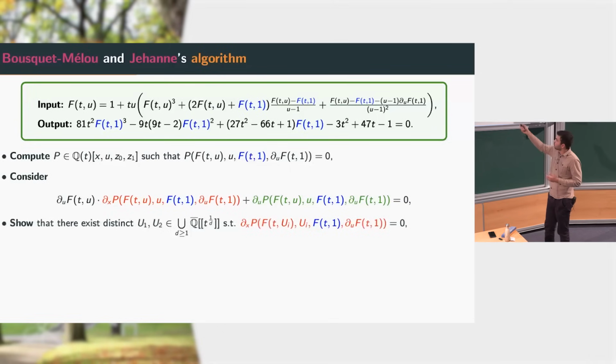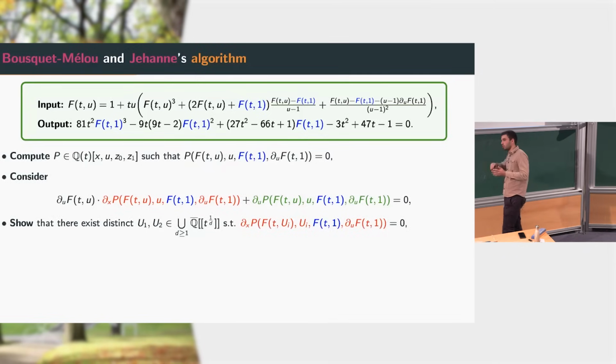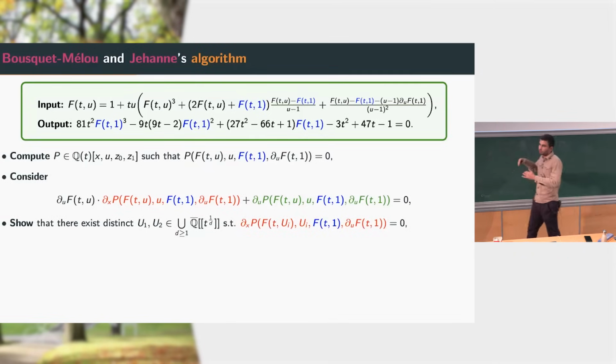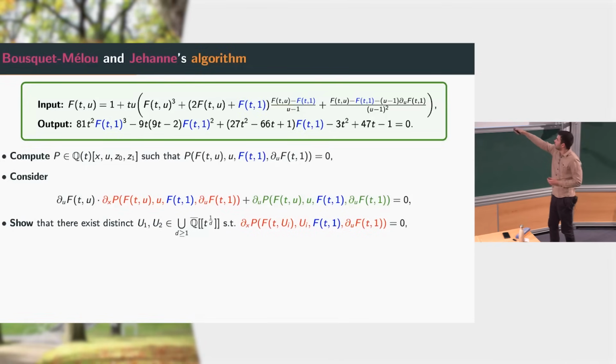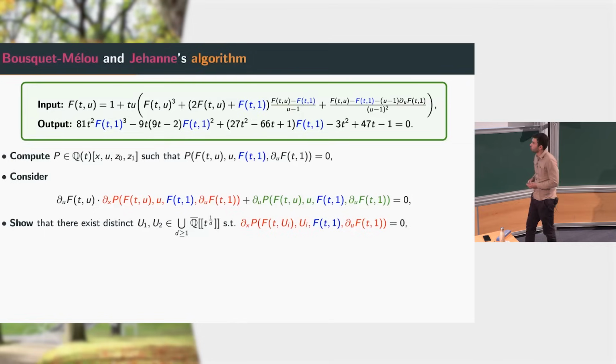On this example, they show that there exist 2 distinct series, u1, u2, with non-negative exponent in t, so that we can compose them for this term, and such that they are solutions of this red term.